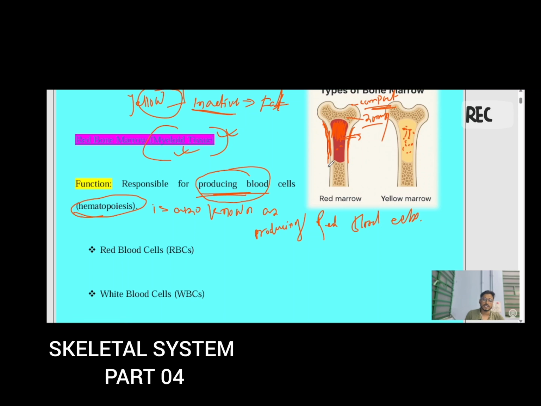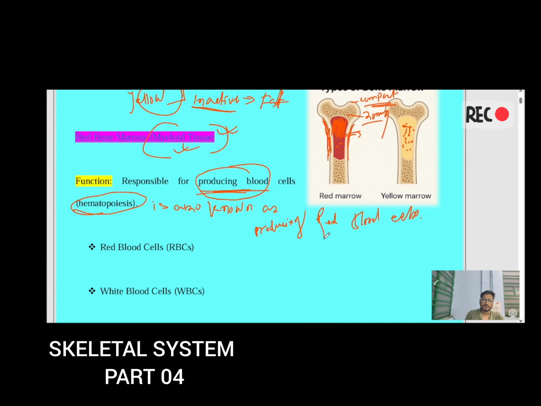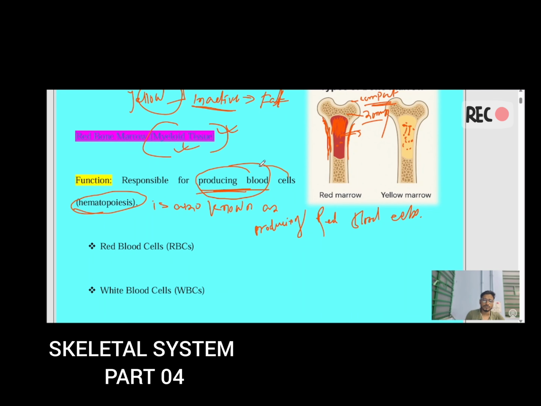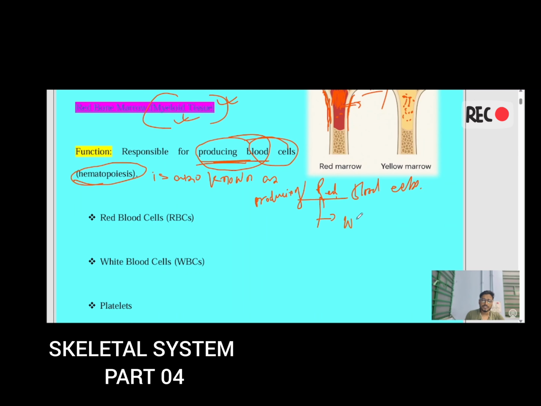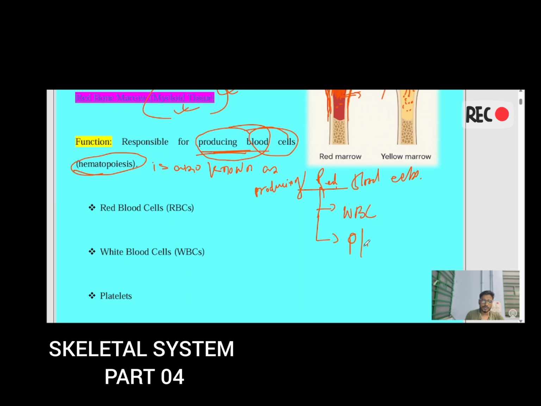Not only red blood cells, it produces all the blood cells: here red blood cells, here WBC, that means white blood cells, and also platelets.